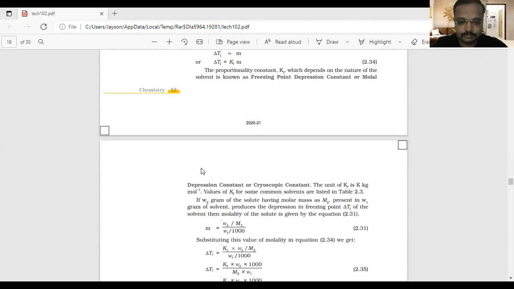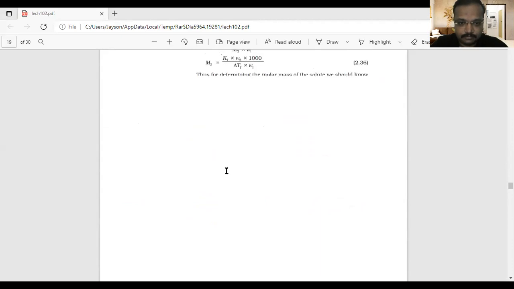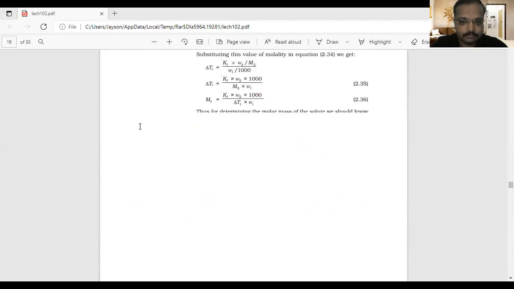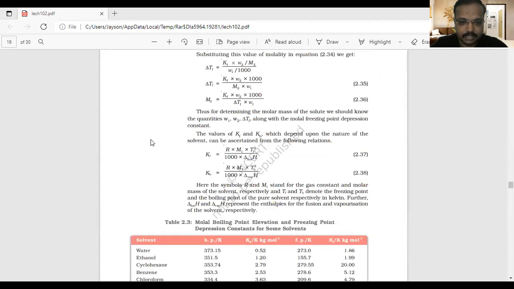Okay. Now you may take out your NCERT book. There are some solved questions given. Screen is visible, I hope.